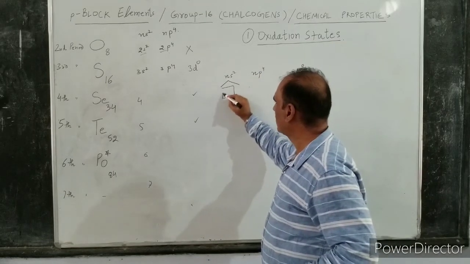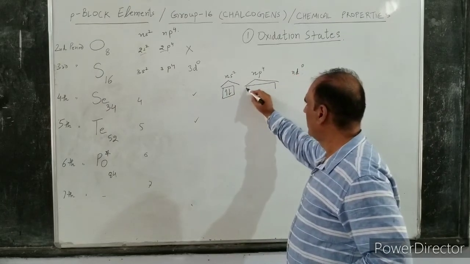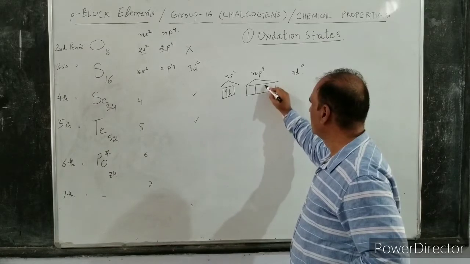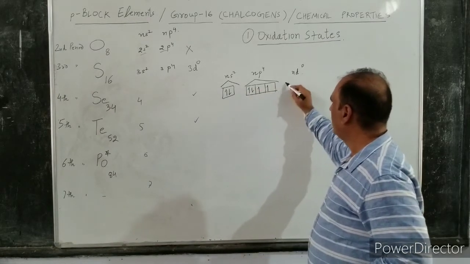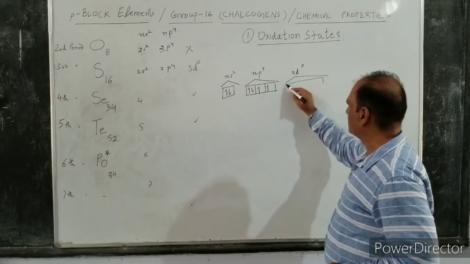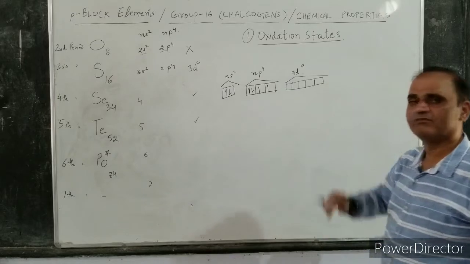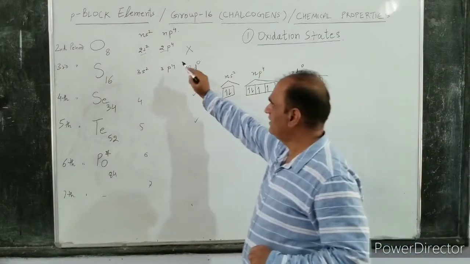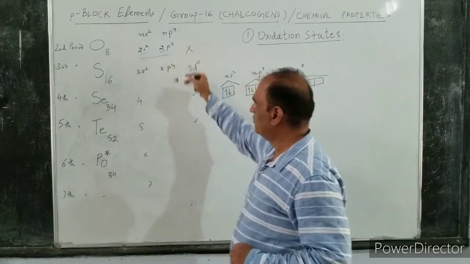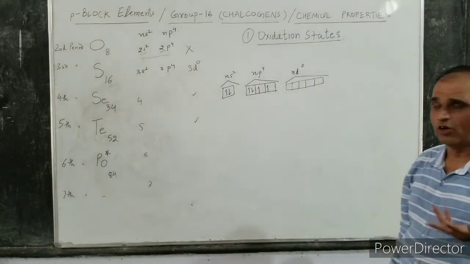There are 2 electrons in one orbital of s subshell and 4 electrons in 3 orbitals of p subshell, and d subshell is vacant. There are 5 d orbitals. Oxygen does not have this d subshell. So if we see this configuration up to this, we see there are 2 electrons lesser than octet.